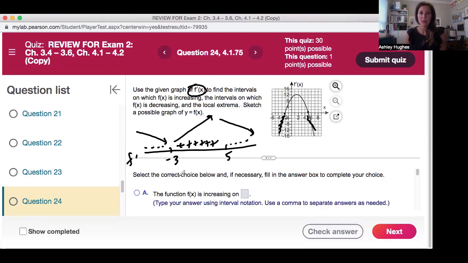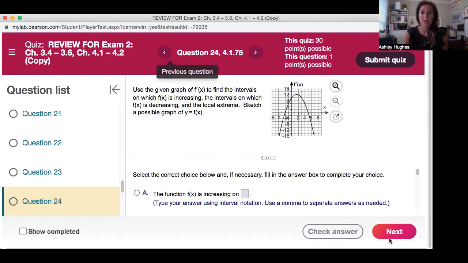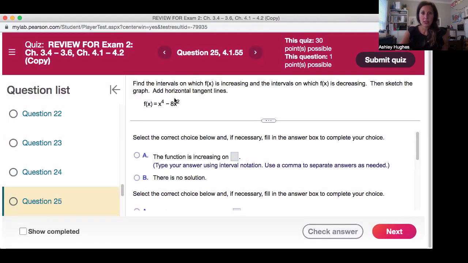And so as far as maxes and mins, this would be a min and this would be a max. So you're looking to see where this one is below the x-axis. F prime below means f is decreasing. And f prime above 0 means f is increasing. So just be careful that you pay attention if you're given f or f prime, because you read the graph differently.